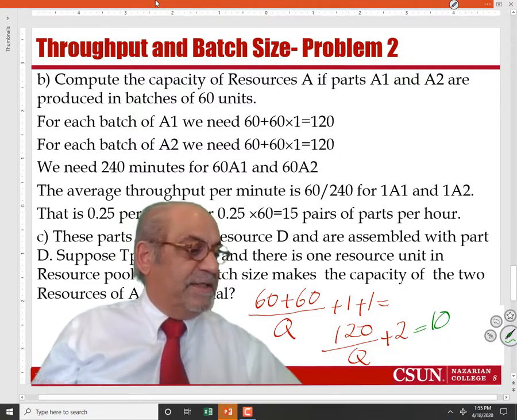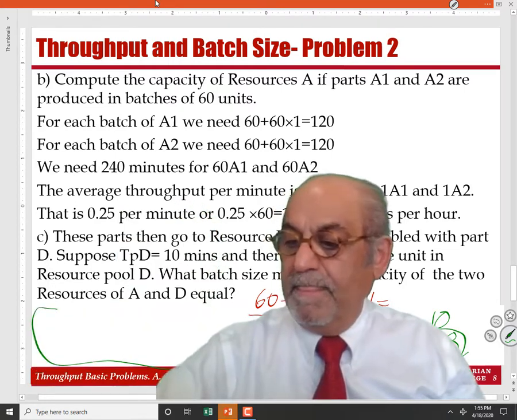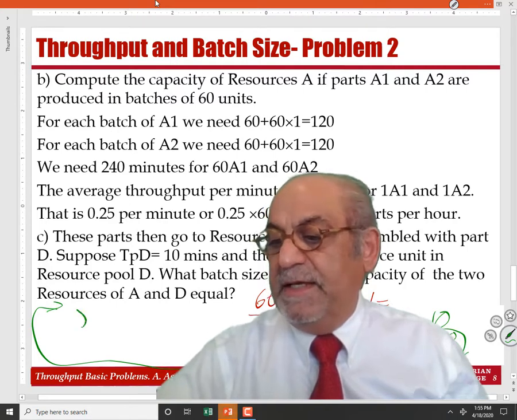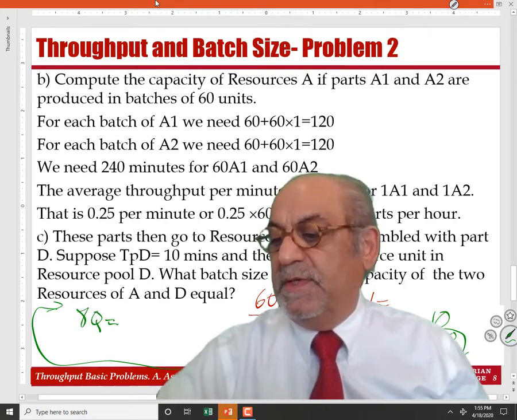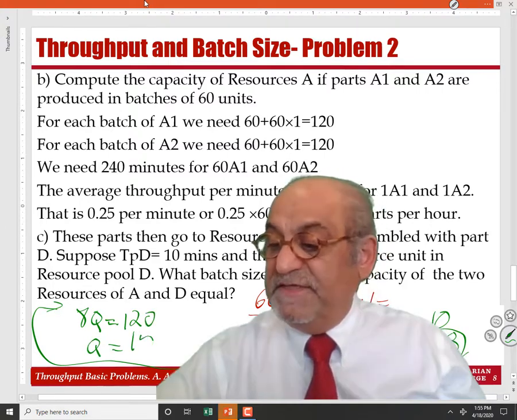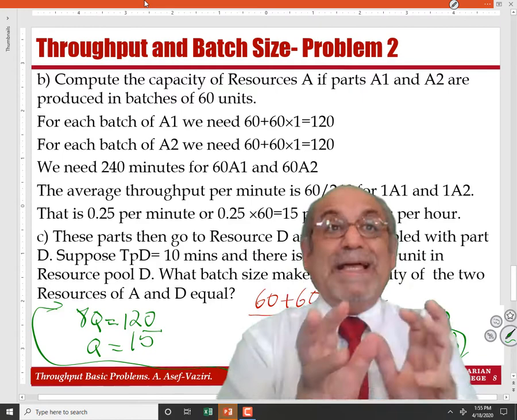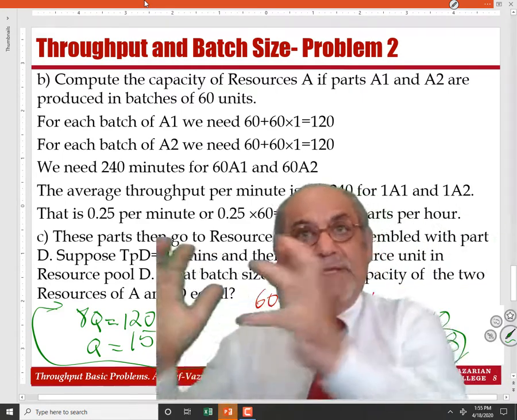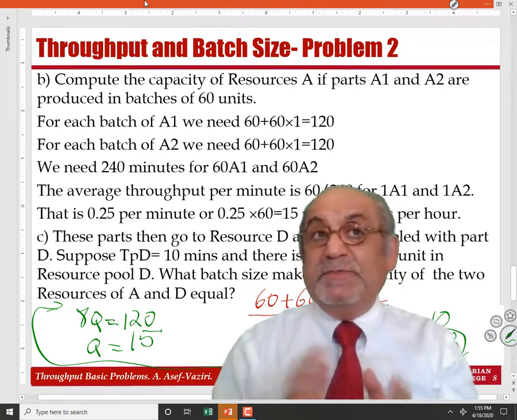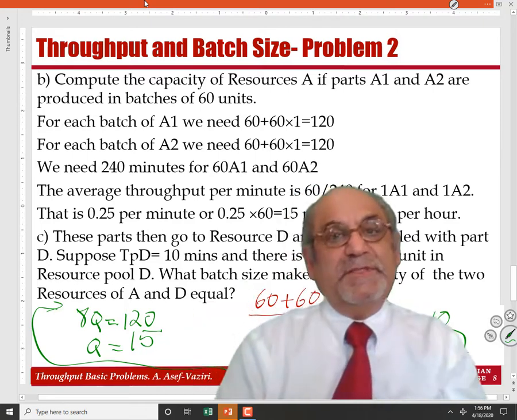If I take that 2 to the other side, it becomes 8 equal to 120 divided by Q. That means 8Q is equal to 120, and therefore Q is equal to 15. Therefore, in order to match capacity of resource A with capacity of resource D, I need to produce in batches of 15 units. 15 units A, 15 units B.